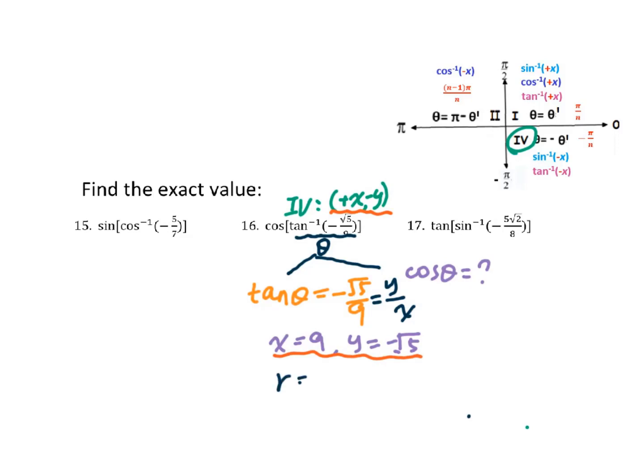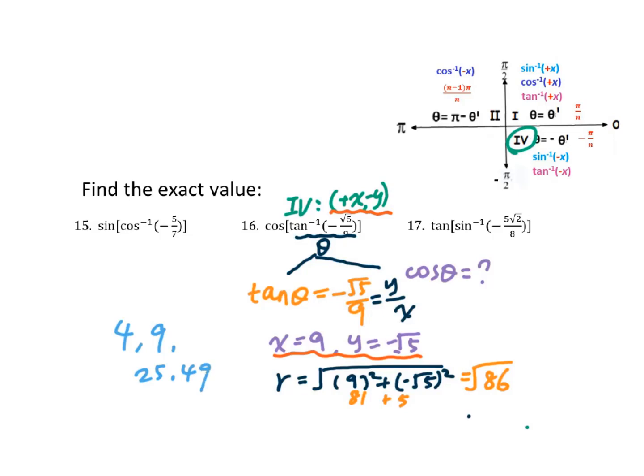So for r equals 9 squared plus negative square root of 5 squared. 9 squared is 81. Negative square root of 5 squared, that's 5. So we got square root of 86. Since 86 cannot be divided by 4, 9, 25, 49, this is simplified.